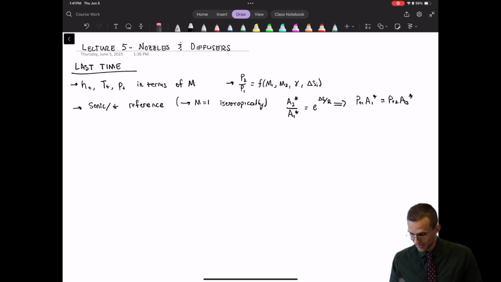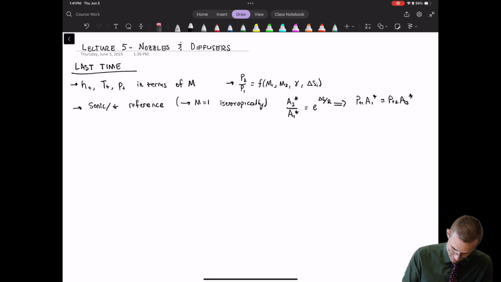Okay, another thing that we talked about in the lecture was nozzles and diffusers, and that's going to be the main topic of the lecture today. But before we go there, I want to talk about a different type of relation, which is derived from the working equations, called isentropic relations.